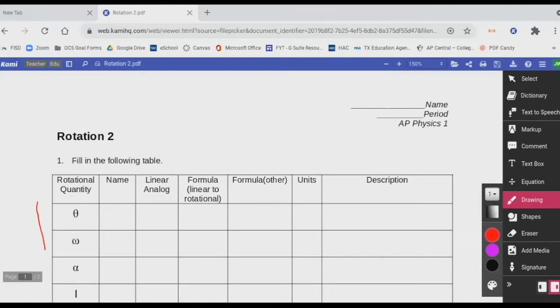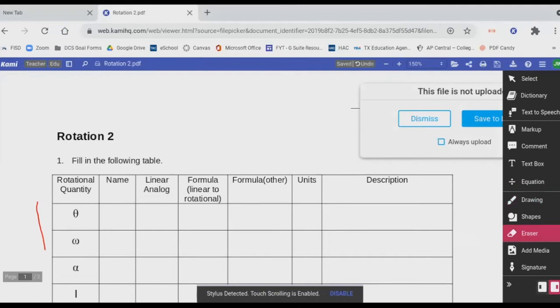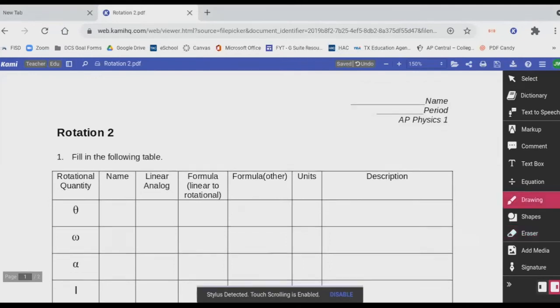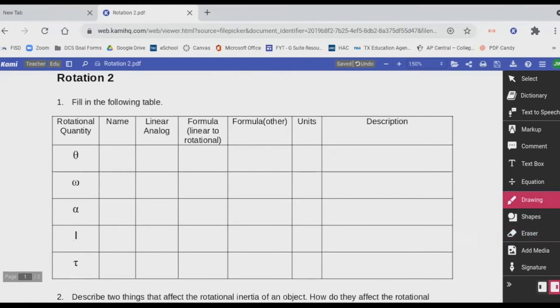Let's give a name to each of these quantities that they've listed for us. So I know it's called theta, but ultimately, what is it really? It's angular displacement. I'm using abbreviations, ANG for angular, DISP for displacement. That means the omega is angular velocity.